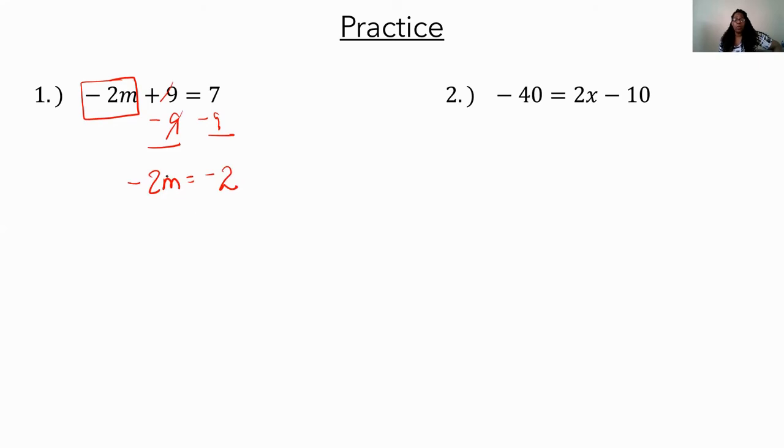So now we want to get m by itself. You know, your boo was messing up. Time to go. So I want to divide them out of my life. So I have my -2, my -2. They eliminate. Then I have my m is equal to a negative divided by a negative is a positive. 2 divided by 2 is 1. So my solution for our number 1 is 1.